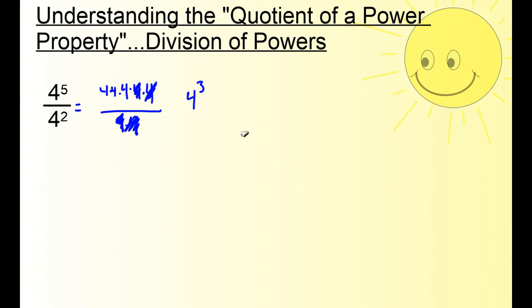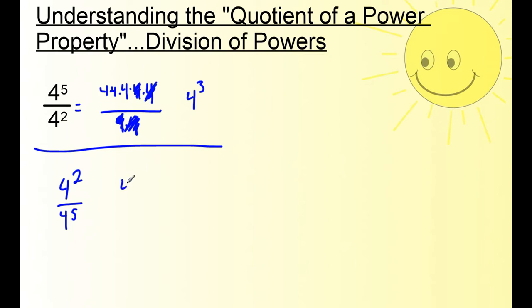So what would happen, let's say, side problem, if we had 4 squared on the top and, say, 4 to the 5th power on the bottom? Would it still be 4 to the 3rd power? No. Because again, the same thing.